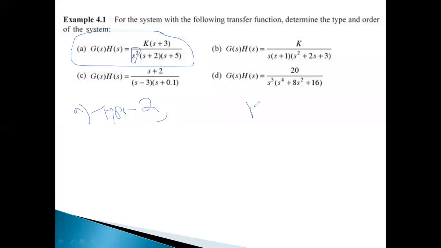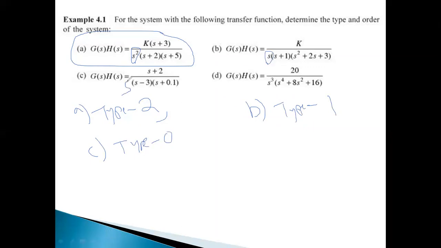For the second case, the type number is 1. One pole is present at the origin. For the third case, there is no pole present at the origin, so the type is simply 0.